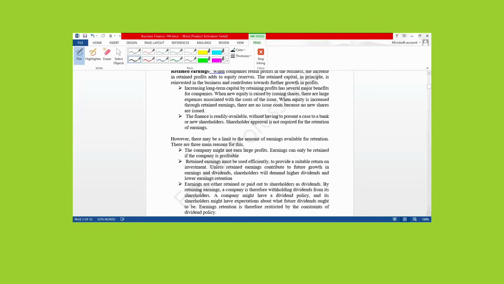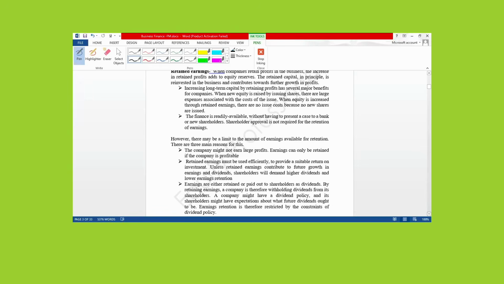However, there could be some limits to the amount of earnings available for retention. What are these limits?